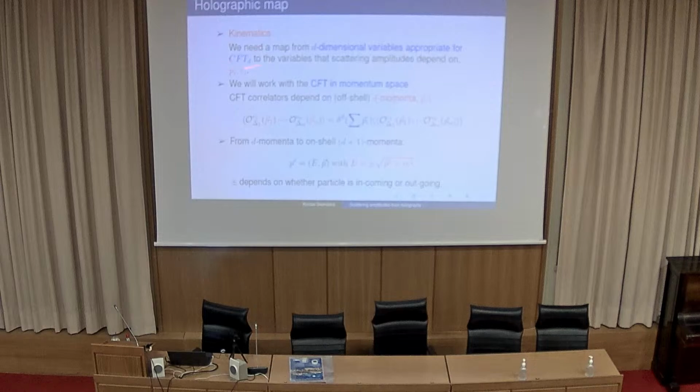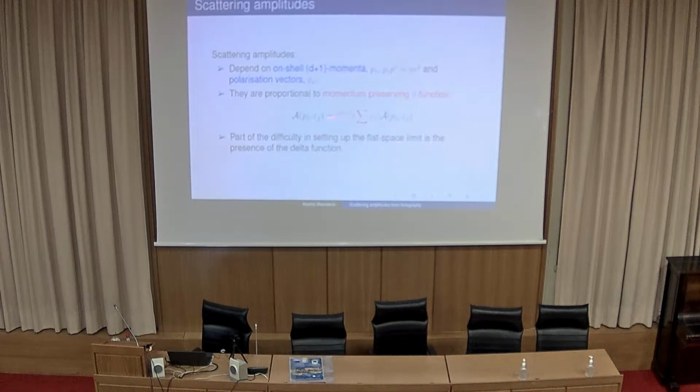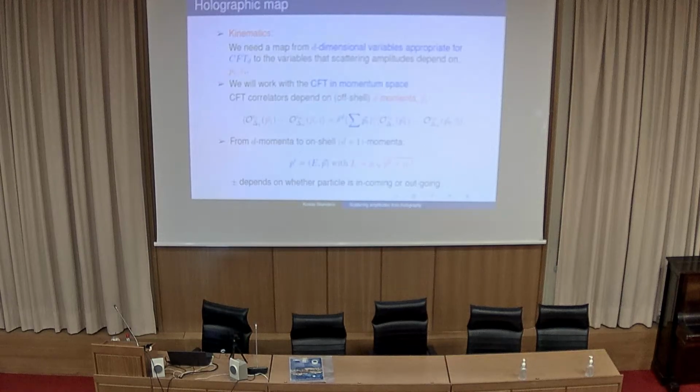It's a d-dimensional CFT. Now we need to map the d-dimensional variables appropriate for a CFT to the variables of the scattering amplitudes. So this is about this slide here. Because I want to make this problem as easy as possible, I will work on a CFT in momentum space. Usually CFT is worked out in position space.